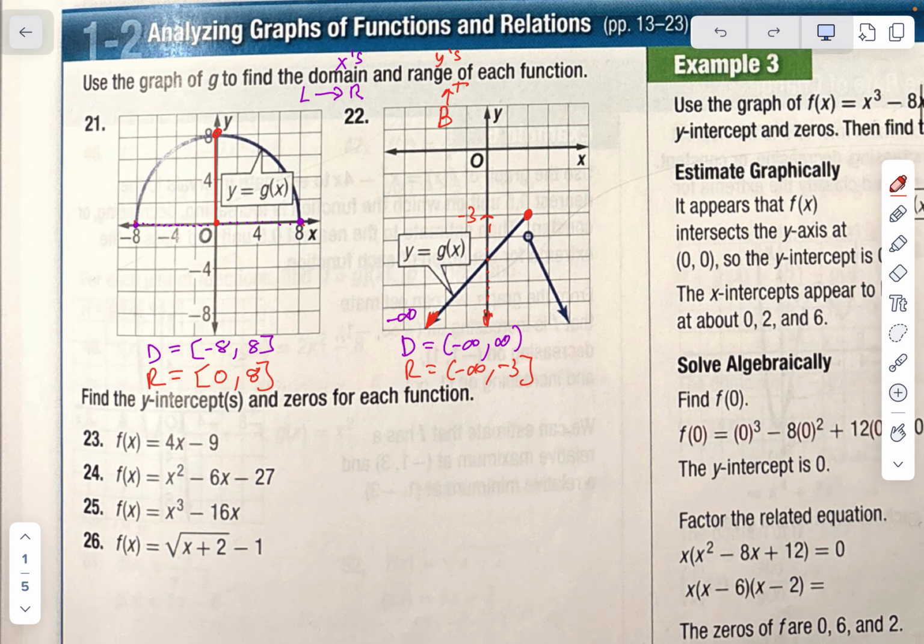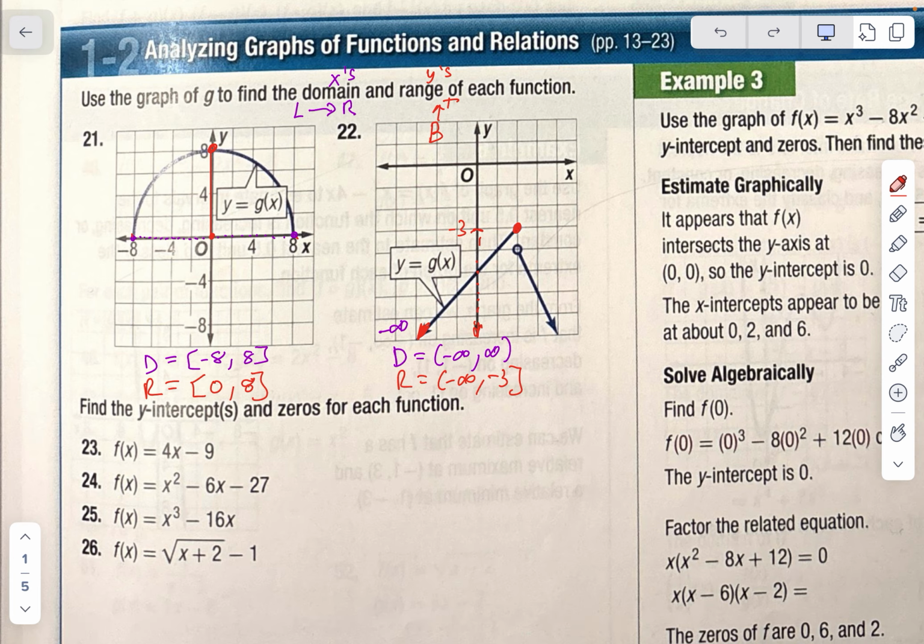Last thing from 1-2 that you need to know are intercepts and zeros. Y-intercepts, you're going to let x equal 0. Zeros are also called x-intercepts. We're going to let y equal 0.